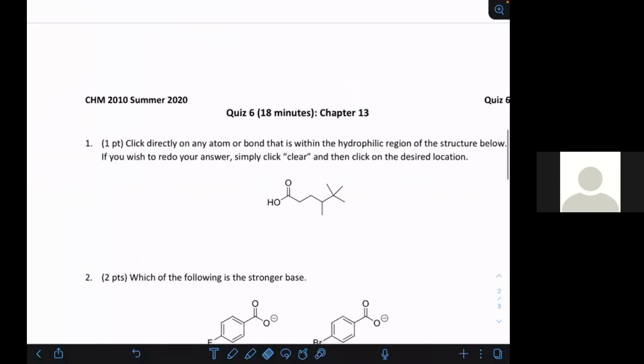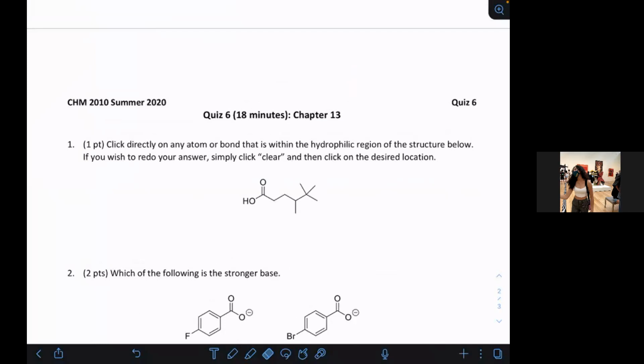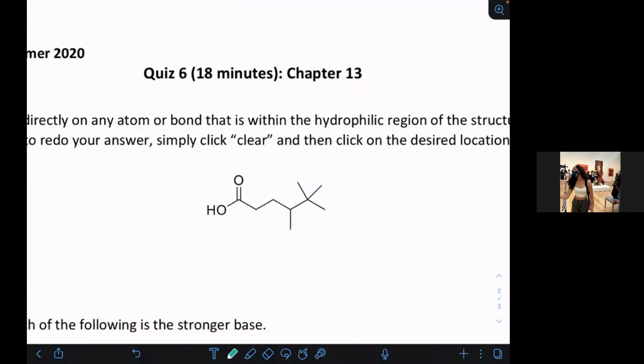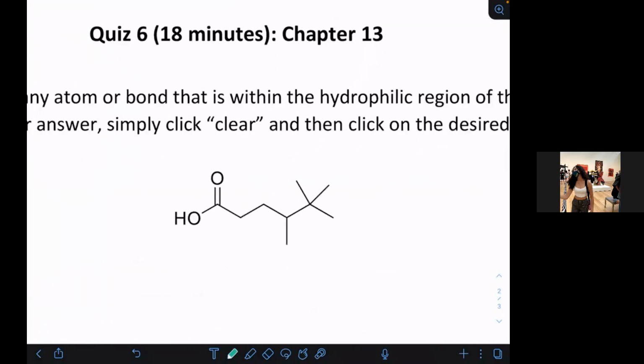So number one, basically identify which atom or bonds are part of the hydrophilic region of the structure. This is also kind of like how soap is. The polar part is the hydrophilic part.